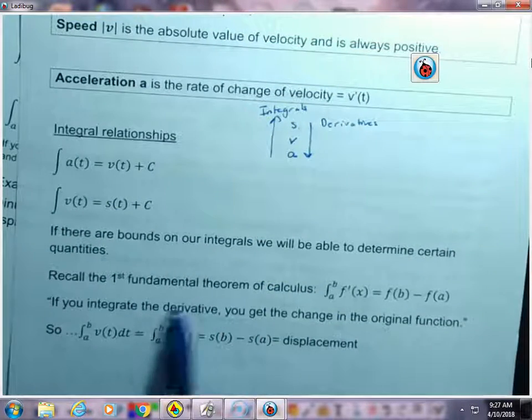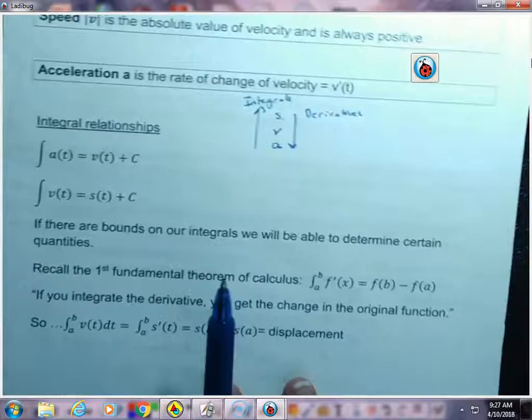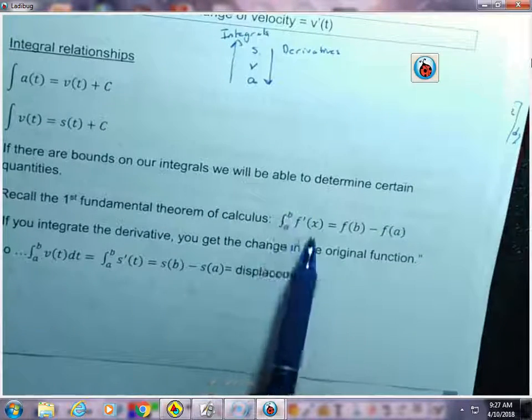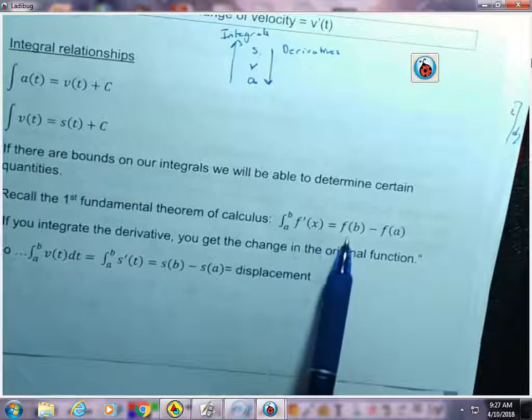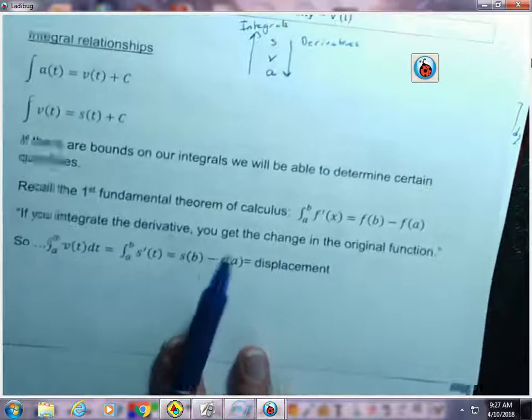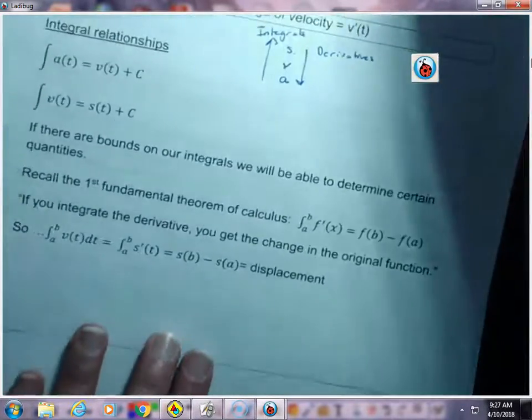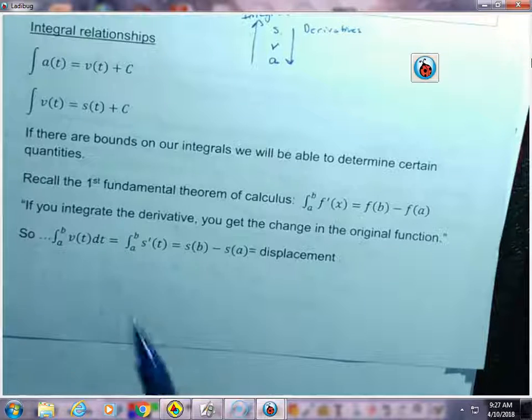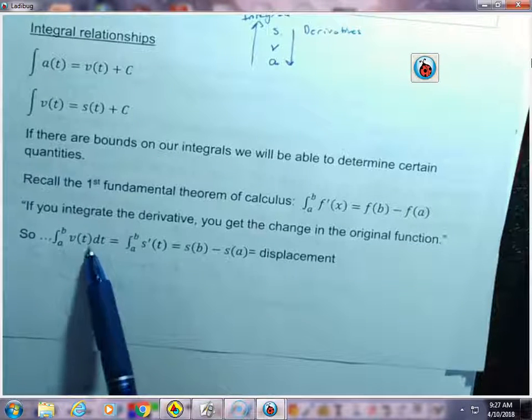Okay, so if you remember the first fundamental theorem of calculus, it's been a few days. If you integrate the derivative, you get the change in the original function. Okay, and so if you integrate velocity, that's going to be really, really important in all your motion problems. If you integrate velocity, velocity is the derivative of what?